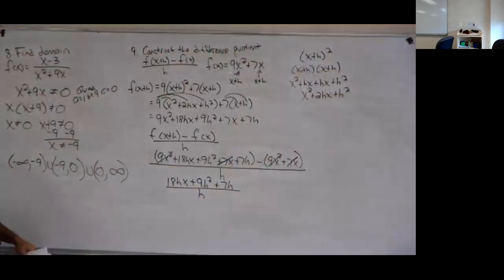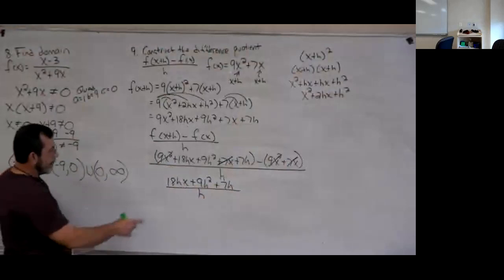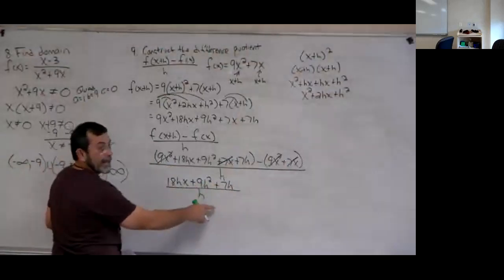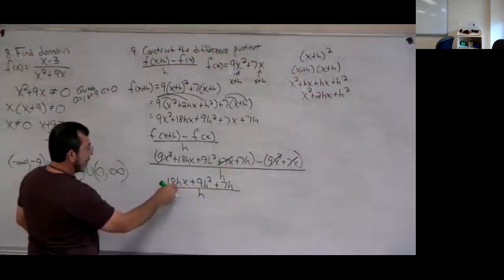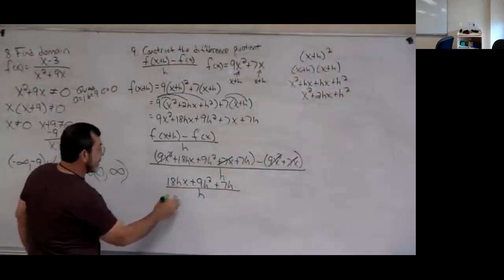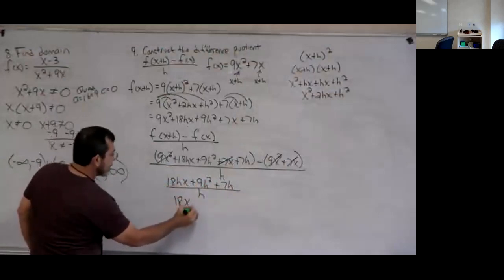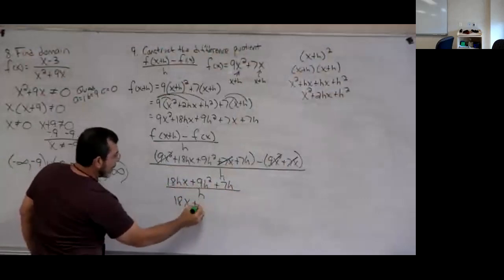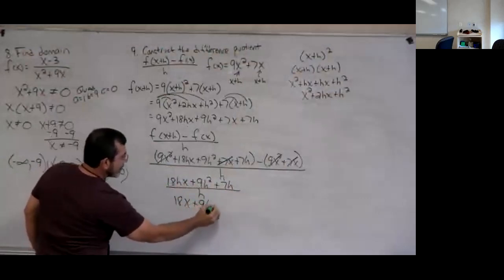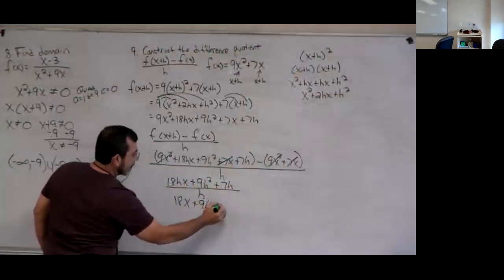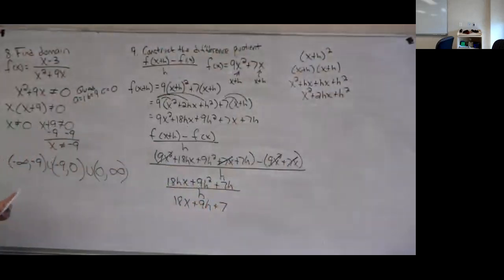All right, at this point, h's are all going to cancel. So cancel the h out of the 18hx, gives you an 18x. Cancel one h out, leaves you a 9h. And then cancel the one h out, leaves me a 7.